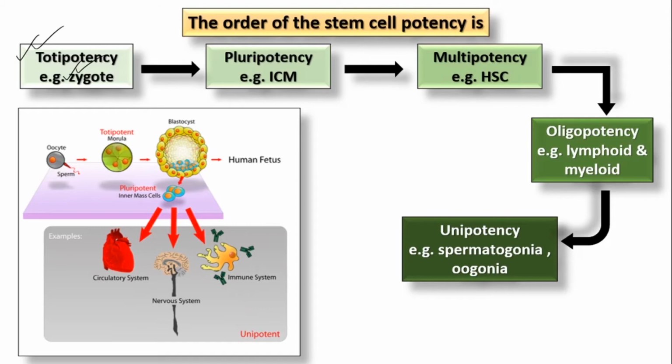So as you can see in this figure as well, this yellow portion is the trophoblast and the inner portion is known as the ICM.